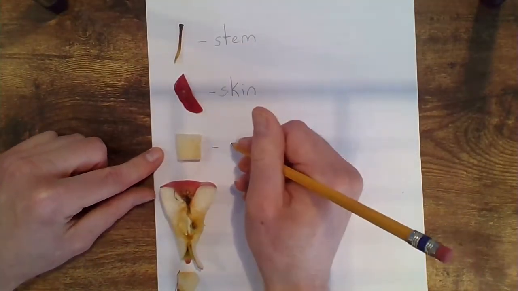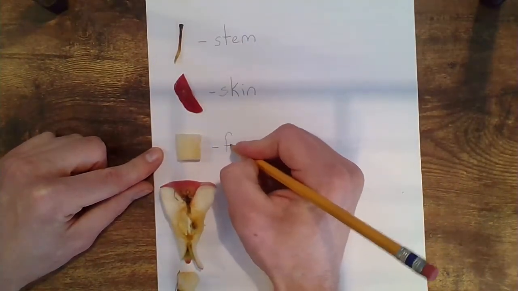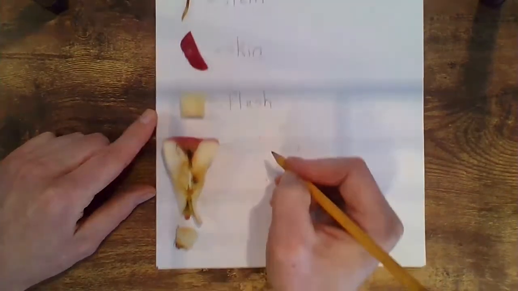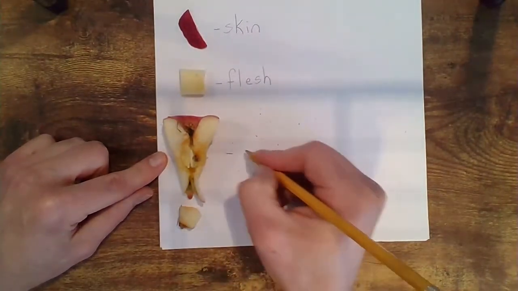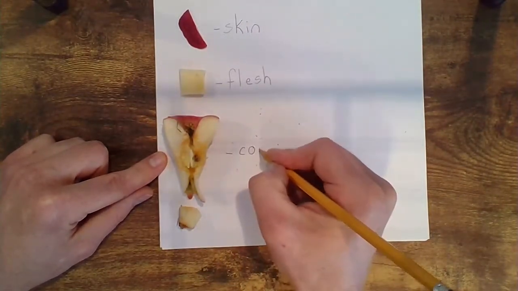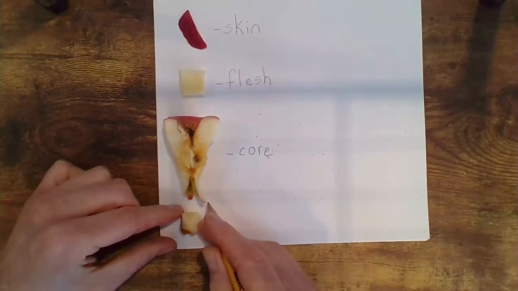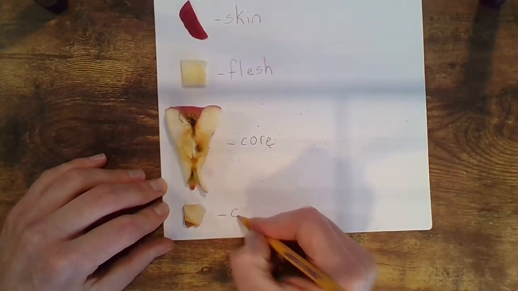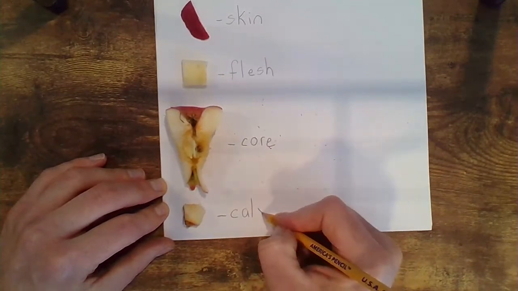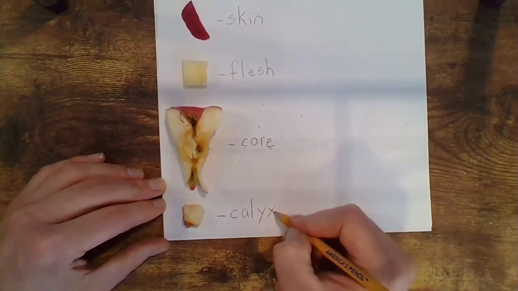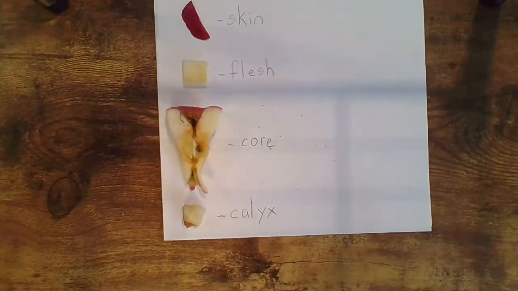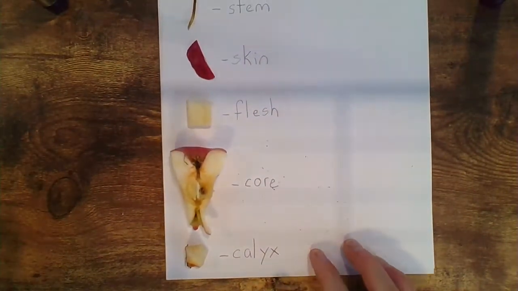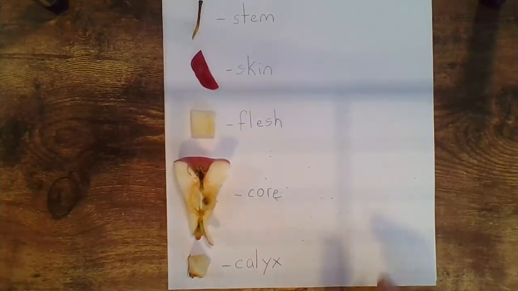Oh, that starts with a blend. And right here we have the core. And at the bottom we have the calyx. Calyx. That's fun. It has an X in it. Not very many words have an X. So that one's fun. All right, so those are my different parts of the apple.